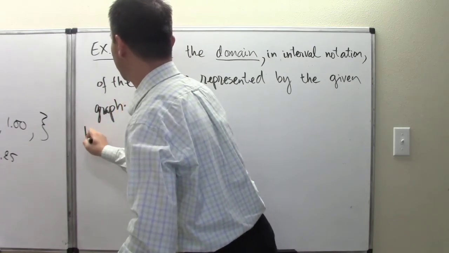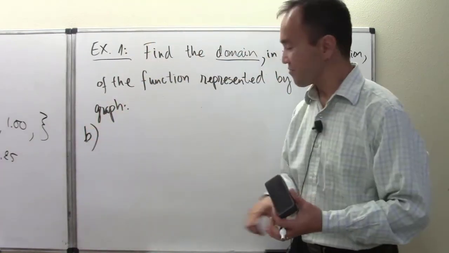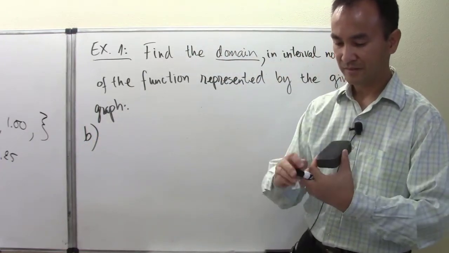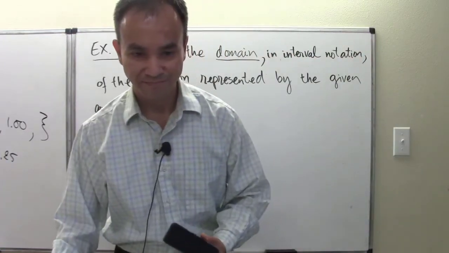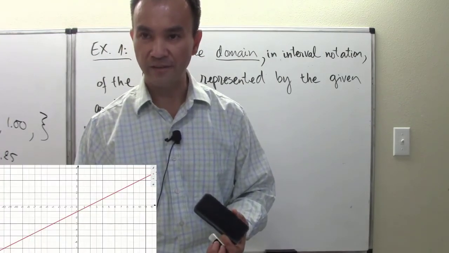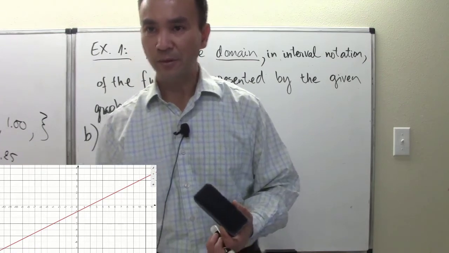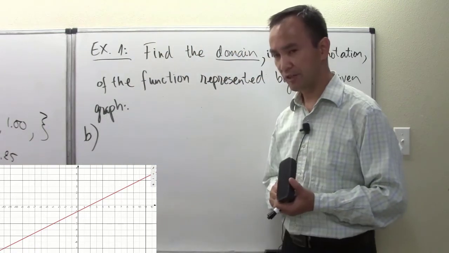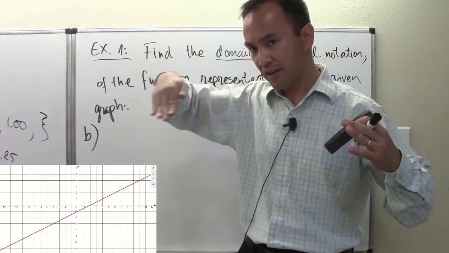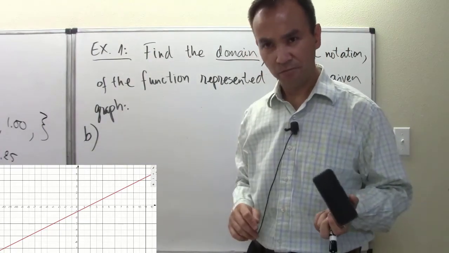All right, and so now let's look at part B. Here we go. This is the graph for part B. It could be a line, it could be a waving curve, a waving shape, whatsoever.